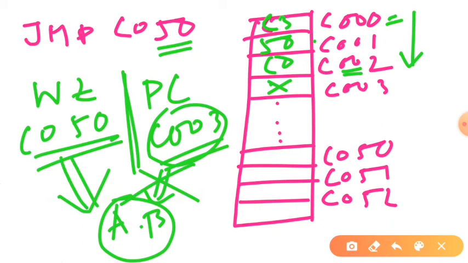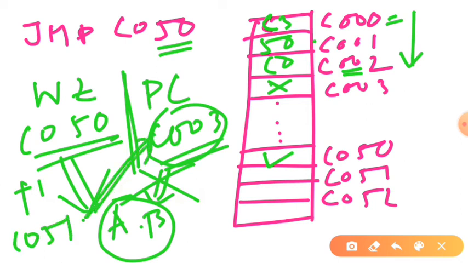That is why the next instruction will now be fetched from the memory location C050, and the content of the WZ register pair plus 1, that is C051, will be loaded in the program counter. So now the program counter will be overwritten with this particular data C051.